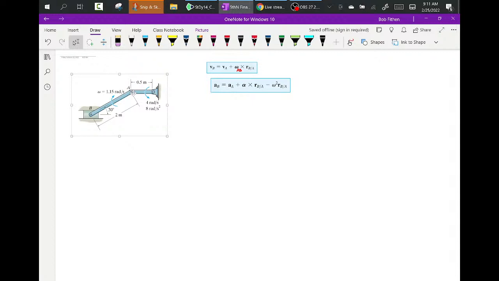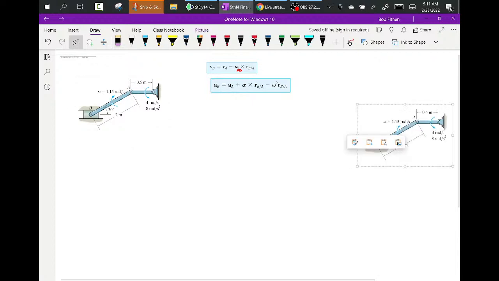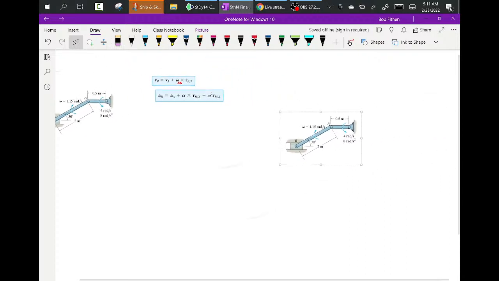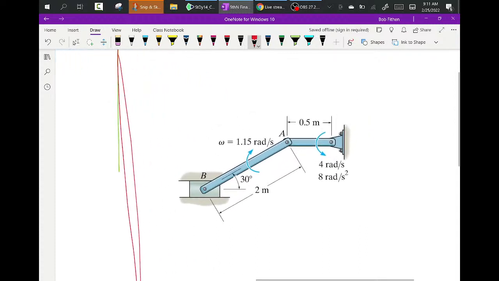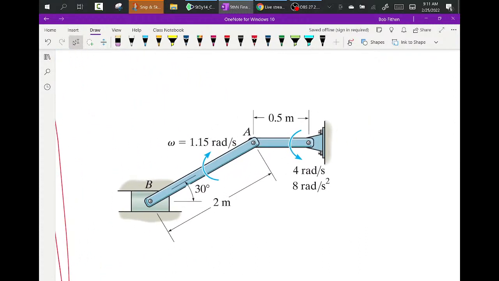And what I'm going to do is a copy and paste. I'm going to make a little portion over here in which I'll be doing the instant center. Let's go ahead and do that real quick. Okay, so I am given this information.